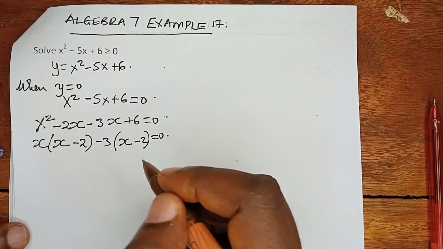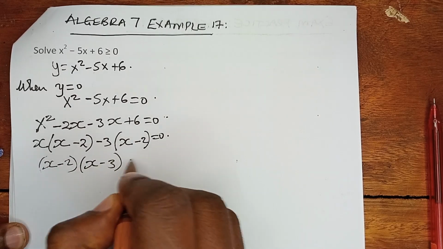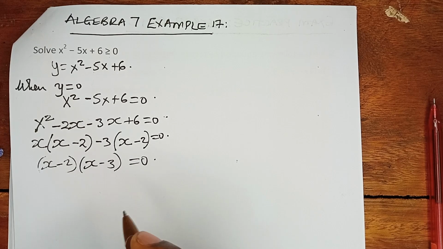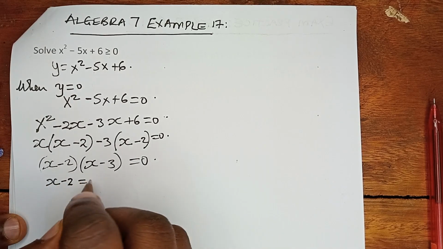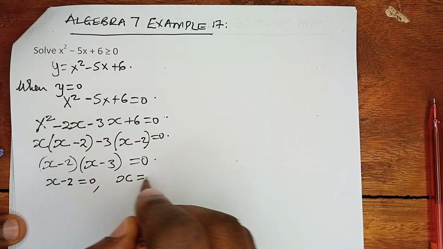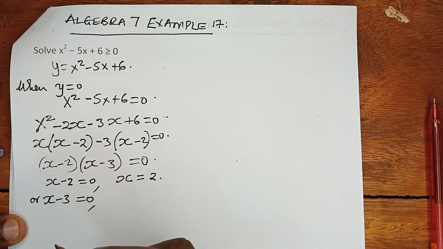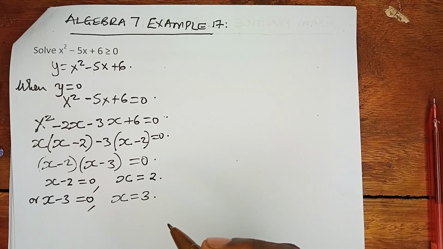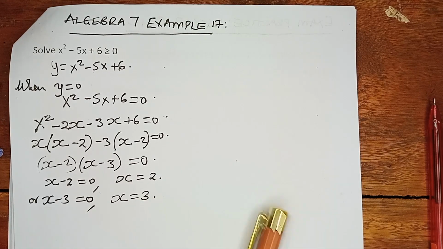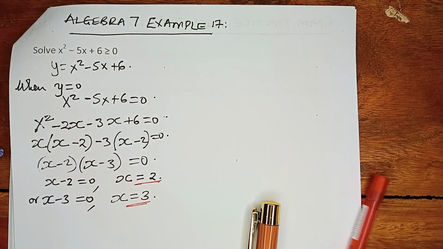So by all means, x minus 2 times x minus 3 is 0. It means the product is 0, that means either of the two is 0. If this is true, x can be 2, or x minus 3 is 0, and then x equals positive 3. So we have realized that those are the x-axis intercepts. Our graph passes through those 2 points.